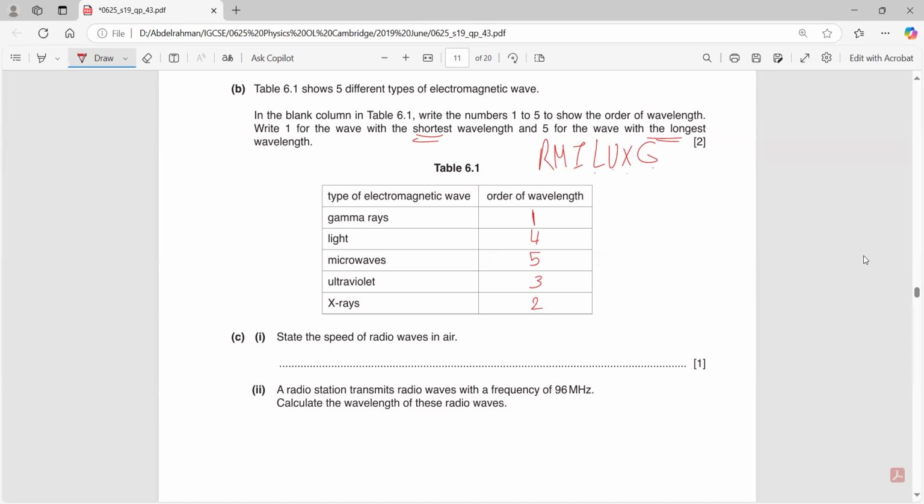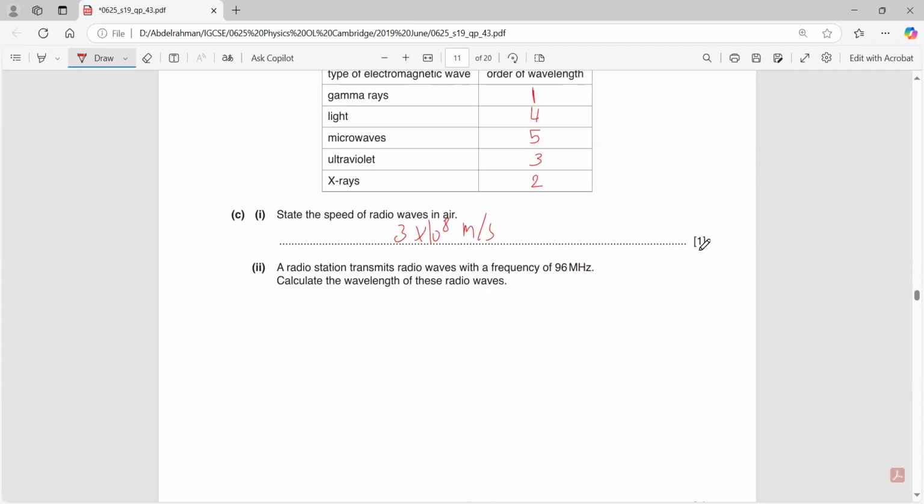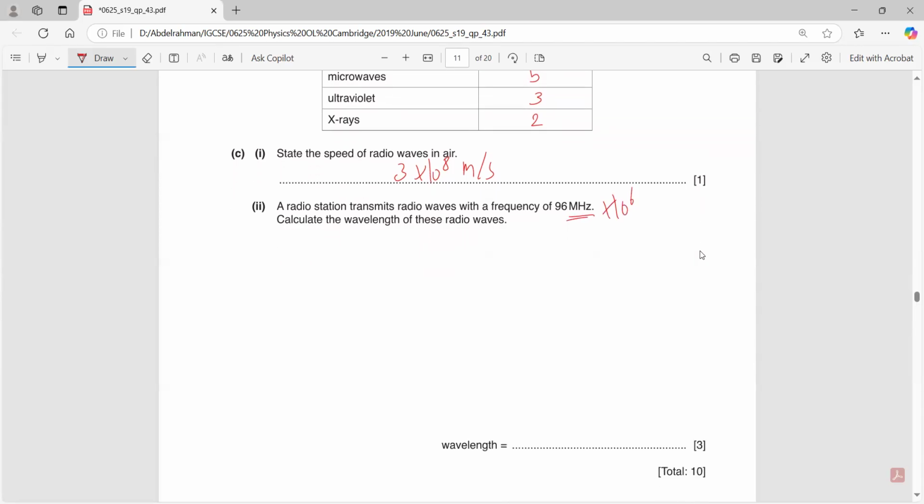State the speed of radio waves in air. 3 times 10 to the power of 8 meters per second. A radio station transmits radio waves with a frequency of 96 megahertz. Mega means times 10 to the power of 6. Can I find the wavelength? Yes.